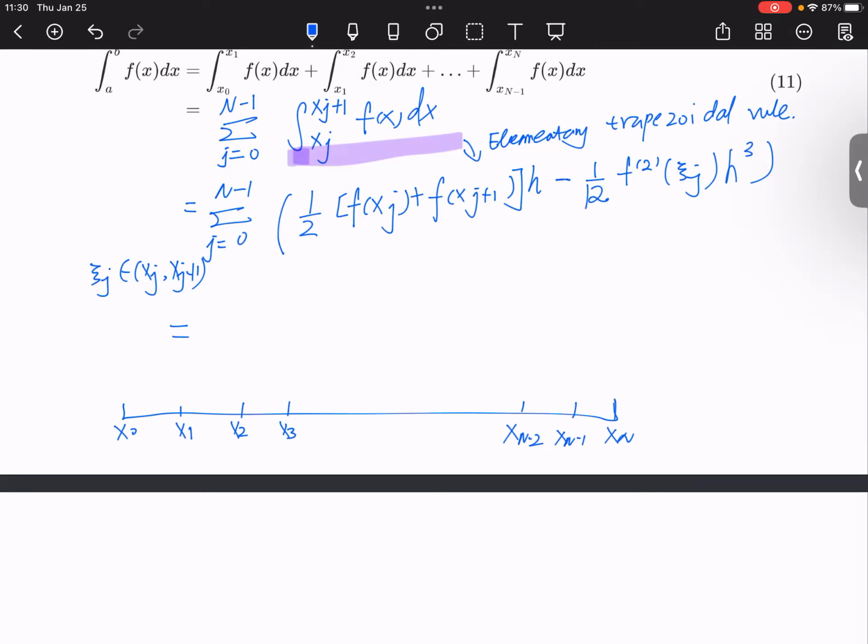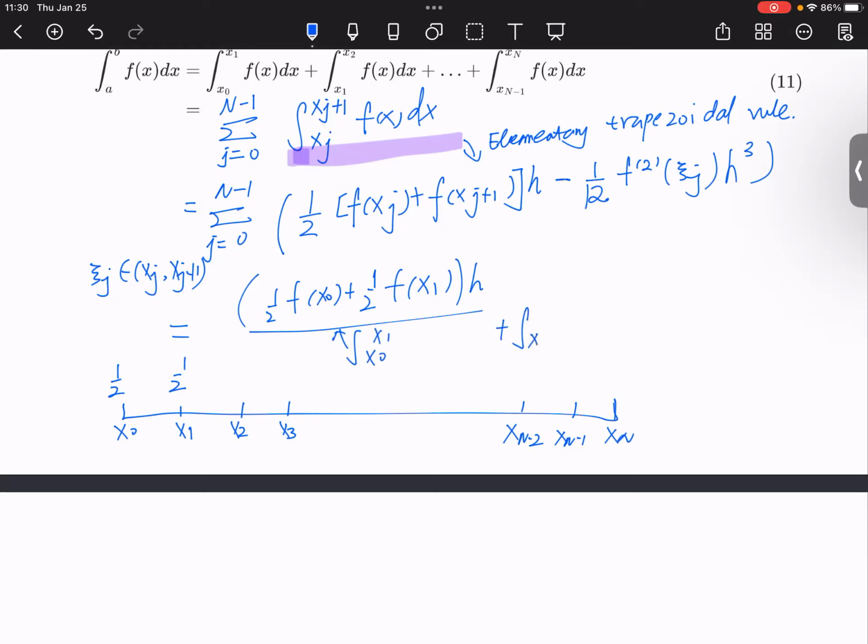We have 1/2 f(x0) plus 1/2 f(x1), so I have 1/2 here and 1/2 here for the first interval, which is integrating from x0 to x1.